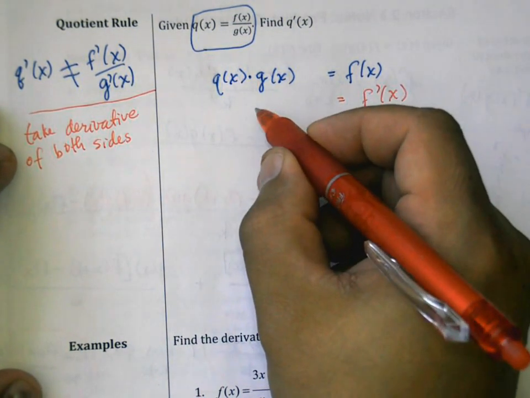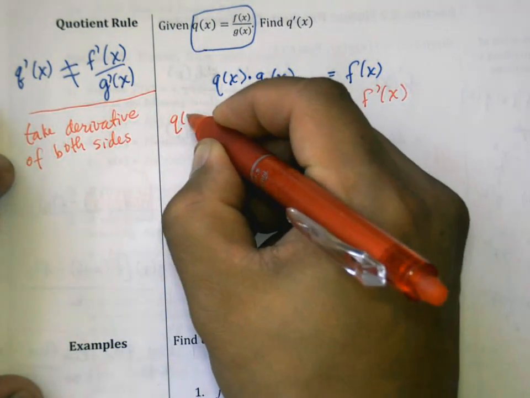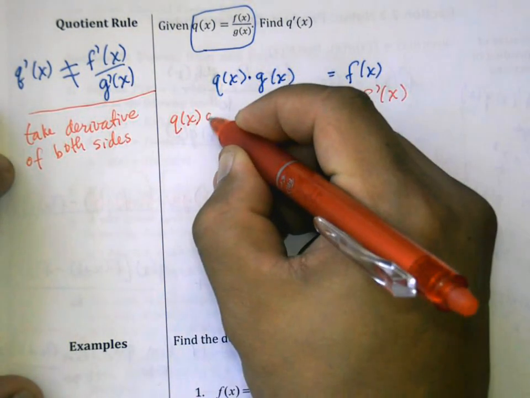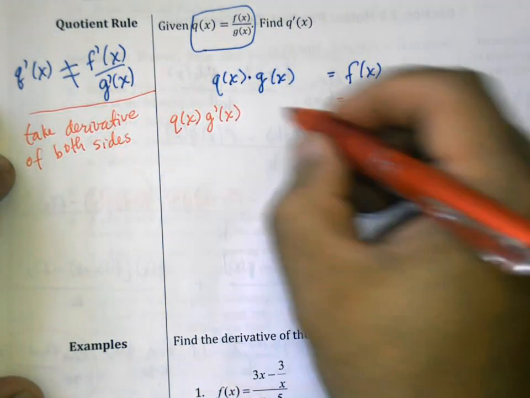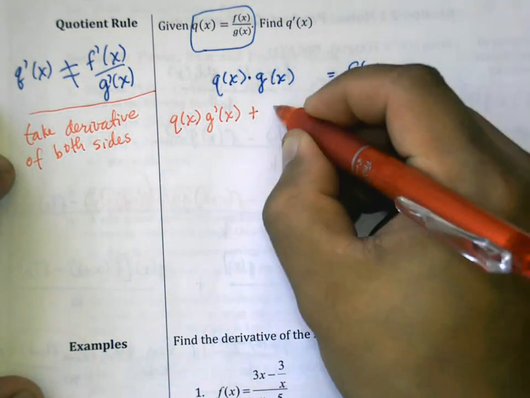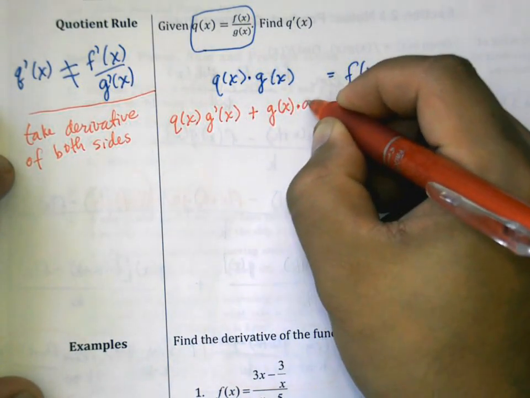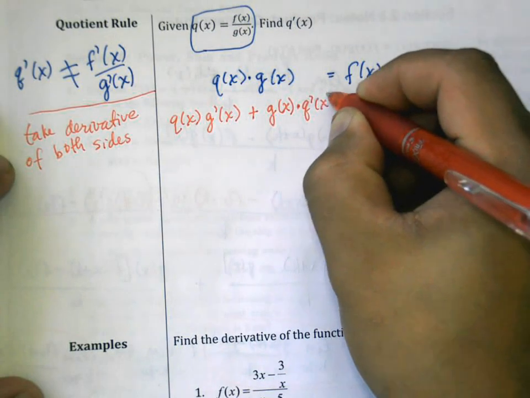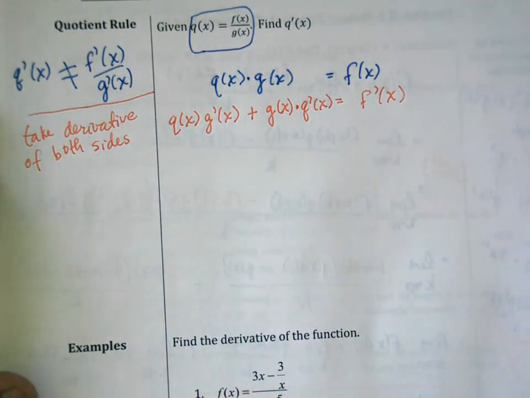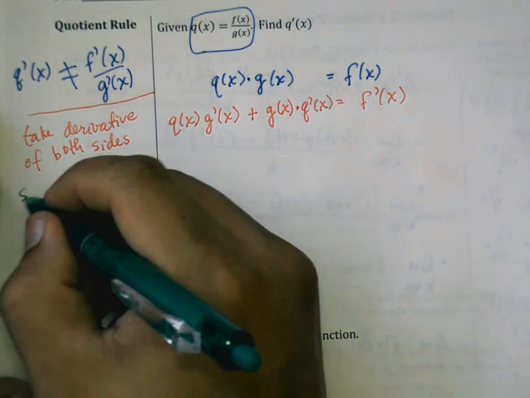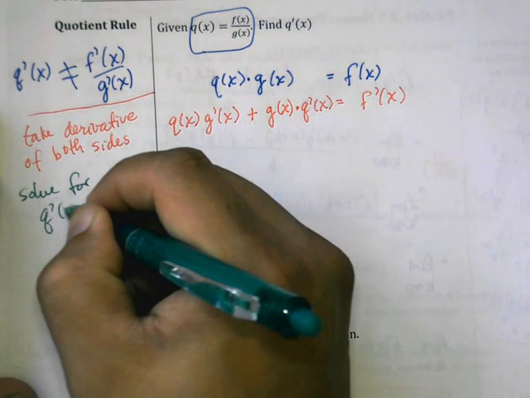On the left, we have to apply the product rule, which says it is the first function, q of x, times the derivative of the second function, g prime of x, plus the second function, g, times the derivative of the first function, q. And then from here, we're going to solve for q prime.